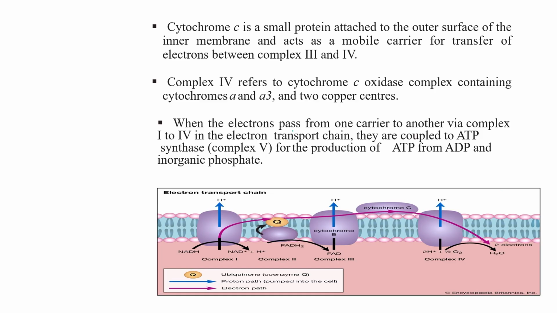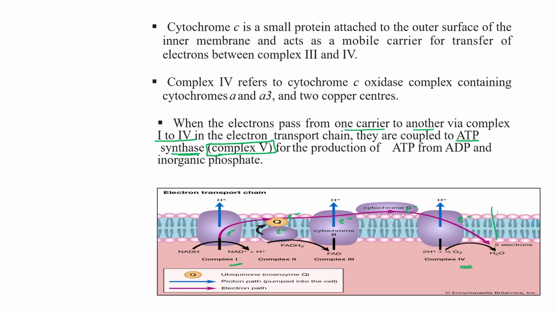Okay, when electrons pass from one carrier to another via complex 1 to 4 in the electron transport chain, they are coupled to ATP synthase, which acts as complex 5. Finally, the electrons move from complex to complex.